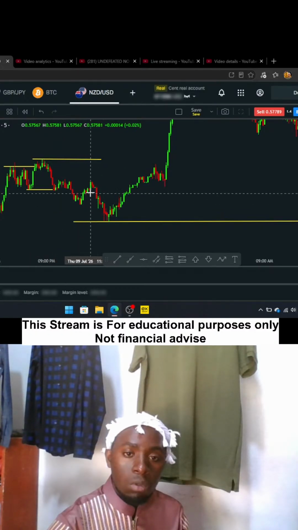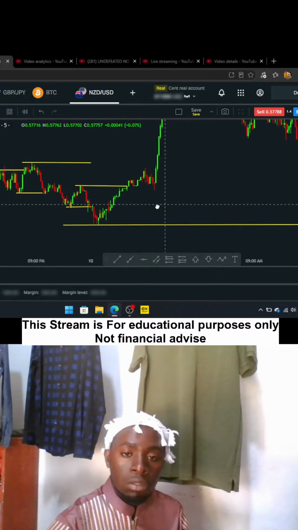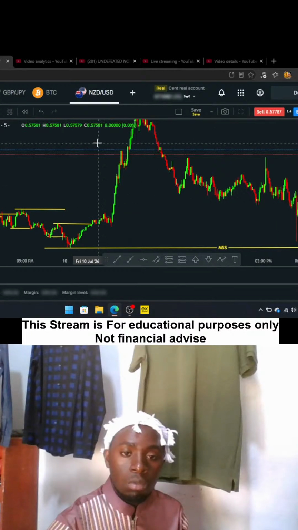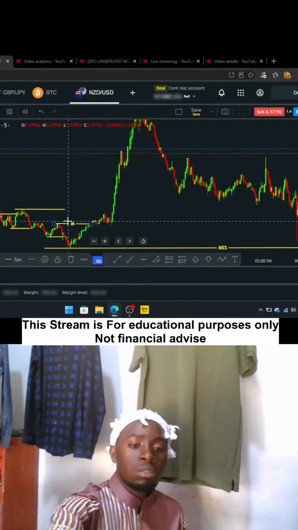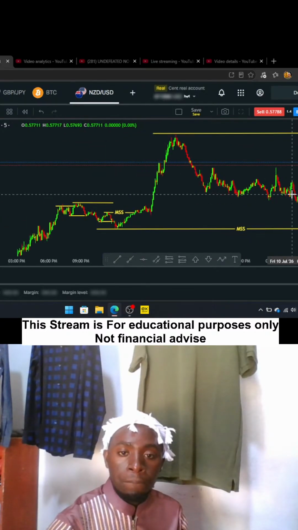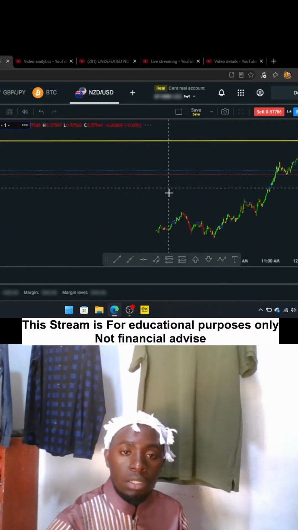Okay, that's the low right there. The high right there. Oh wow! Also, this was a market structure shift right there. Oh my god.